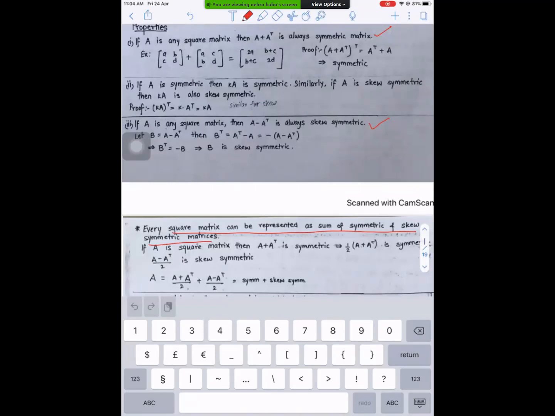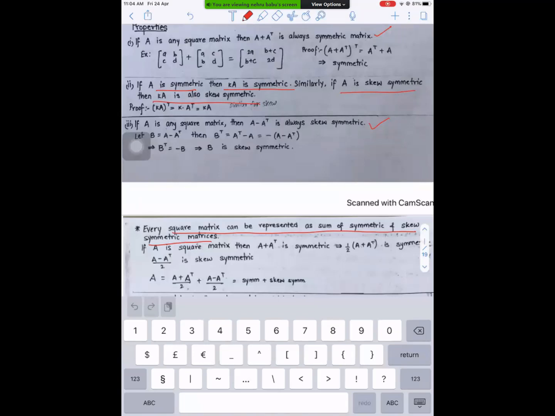Next, one more important point, the second point. If A is symmetric, then KA is symmetric. If A is skew symmetric, then KA is also skew symmetric. Because KA whole transpose is the same as K into A transpose. So from that you can say this point.